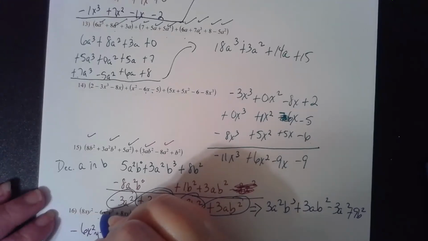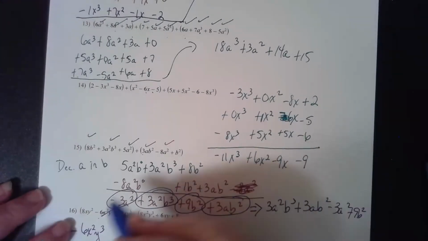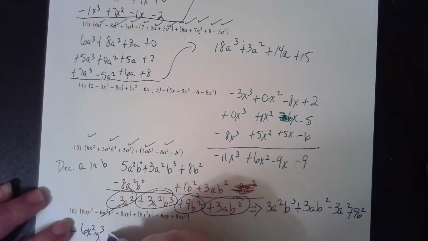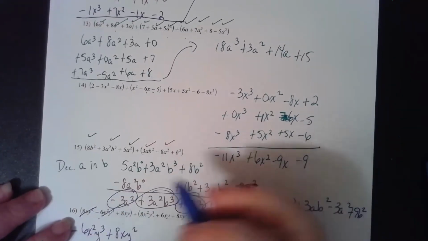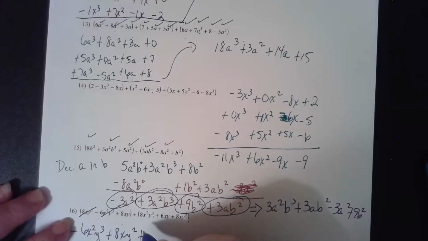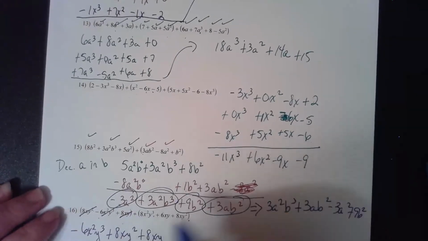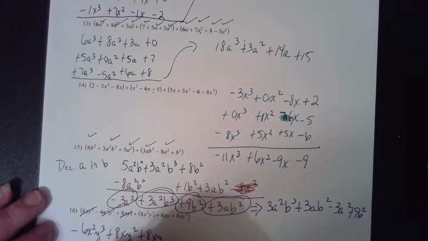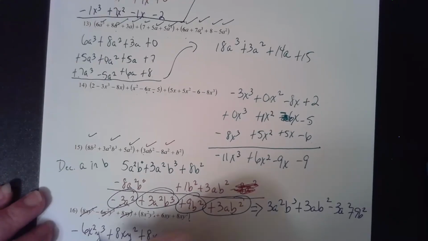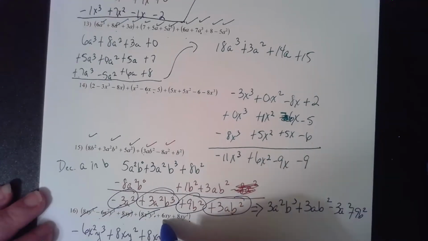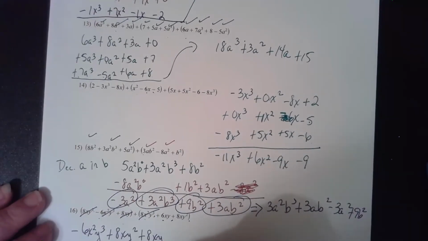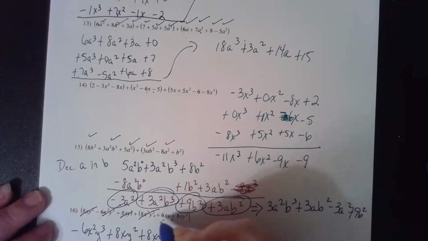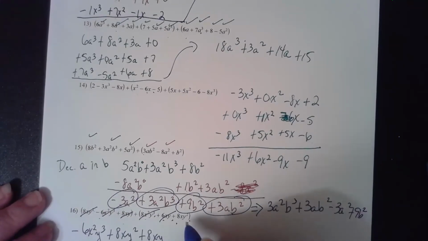And then this is my 3rd degree polynomial. 8xy squared. And this is a 2-degree polynomial. This is a 2-degree term. And then my x squared y cubes plus 6xy plus 8xy squared.